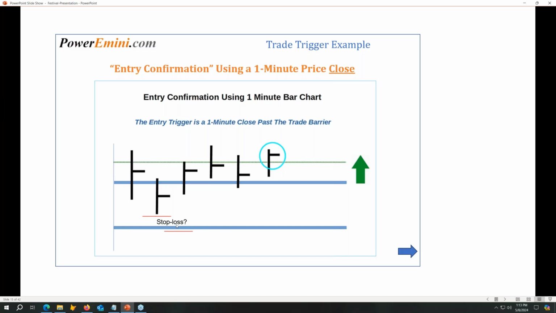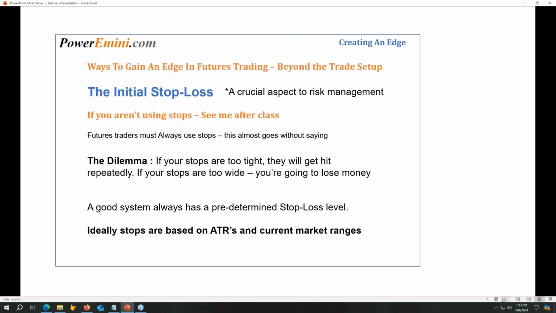And then of course, placing a stop loss is a whole other thing that I'm going to talk about here, but there are different ways to place stop losses and different ideas that can be experimented with. But obviously, when you're trading intraday futures, the initial stop loss is crucial, right? And if you're not using stops, see me after class.